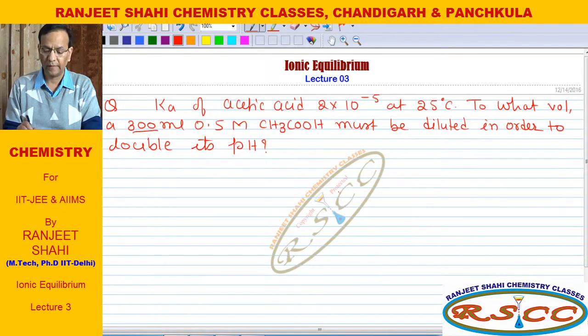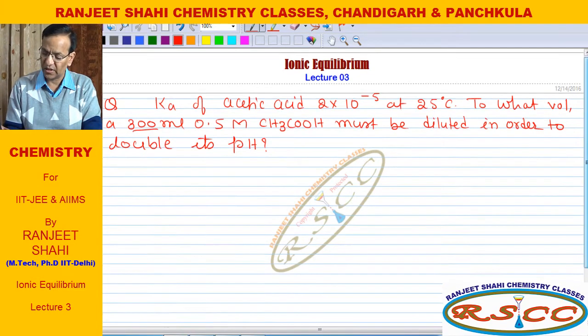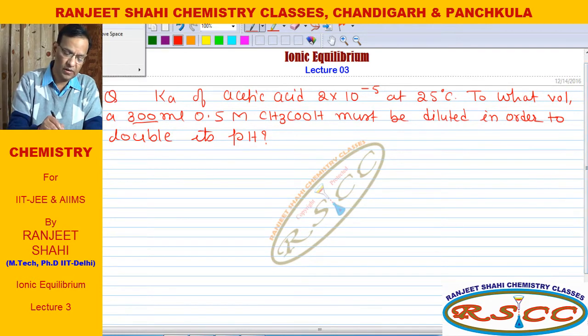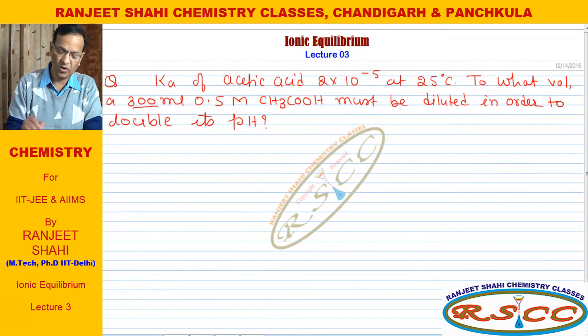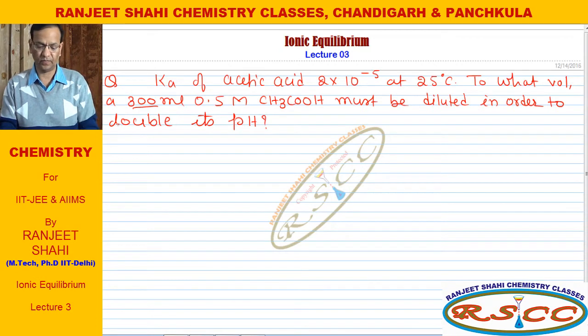So the question pertains to first determination of initial pH, then we will have a required pH which will be double of the initial pH, and then we'll have to think how to reach that point. So the first thing is to determine the initial pH. So let us calculate the pH of the given solution first.